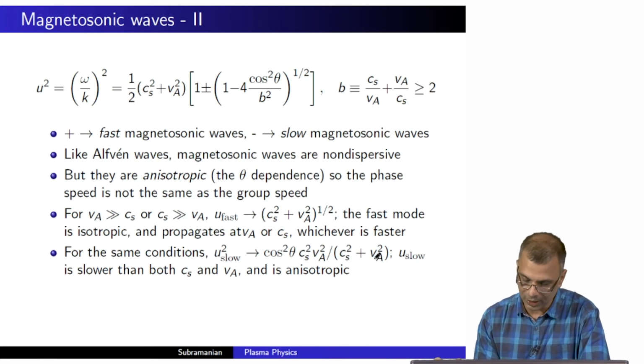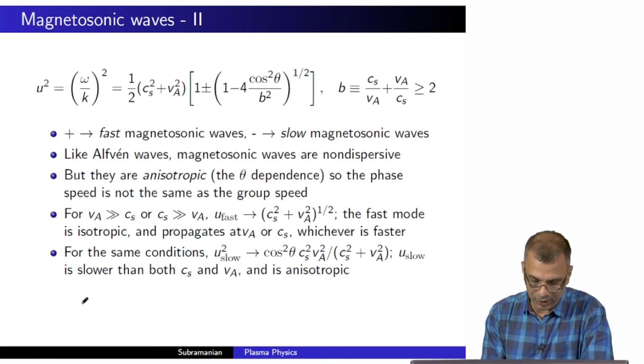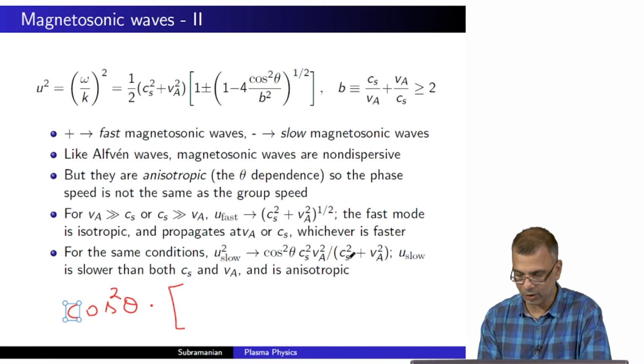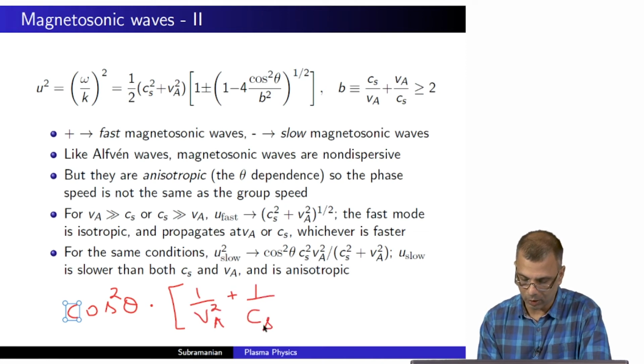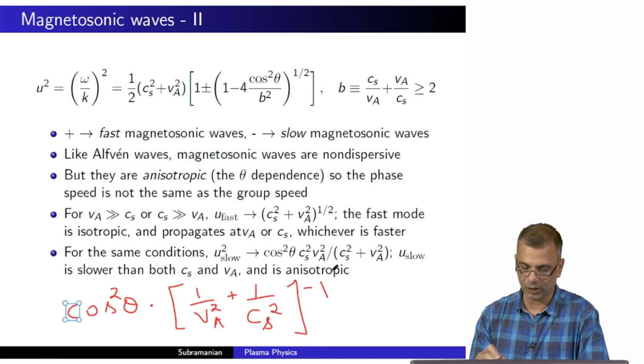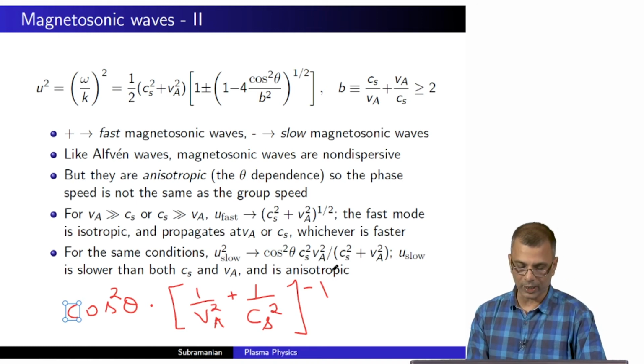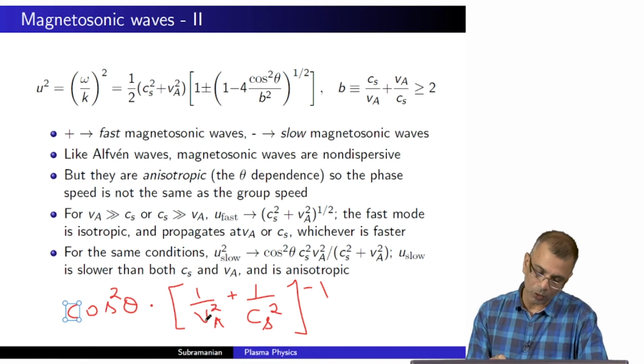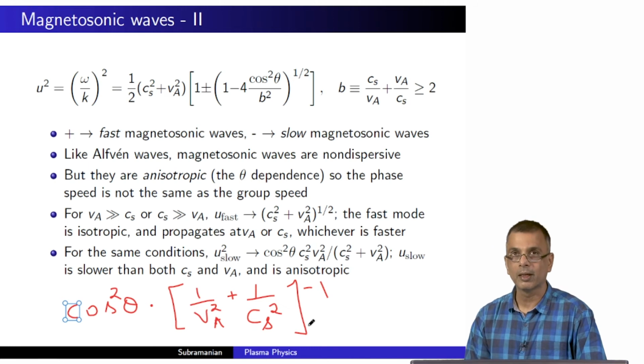So this is essentially cosine squared theta times CS squared over VA squared over, so it would be 1 over VA squared plus 1 over CS squared, raised to minus 1. That's what this is. So that is why U slow is slower than both CS and VA. Okay.